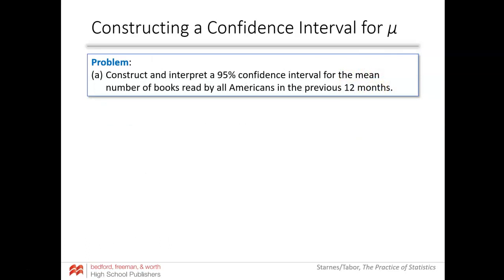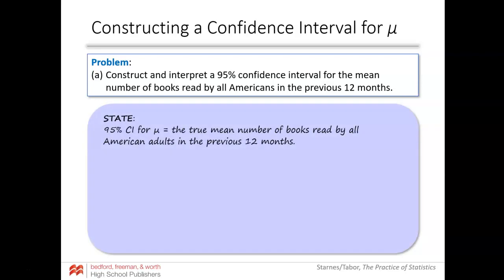Now, the act of construct and interpret, guys, that's a four-step process, right? We have to state. So we start with a 95% confidence interval for mu, which is the true mean number of books read by all American adults in the previous 12 months. Now, I know in proportions we made a big deal about putting the right language here.